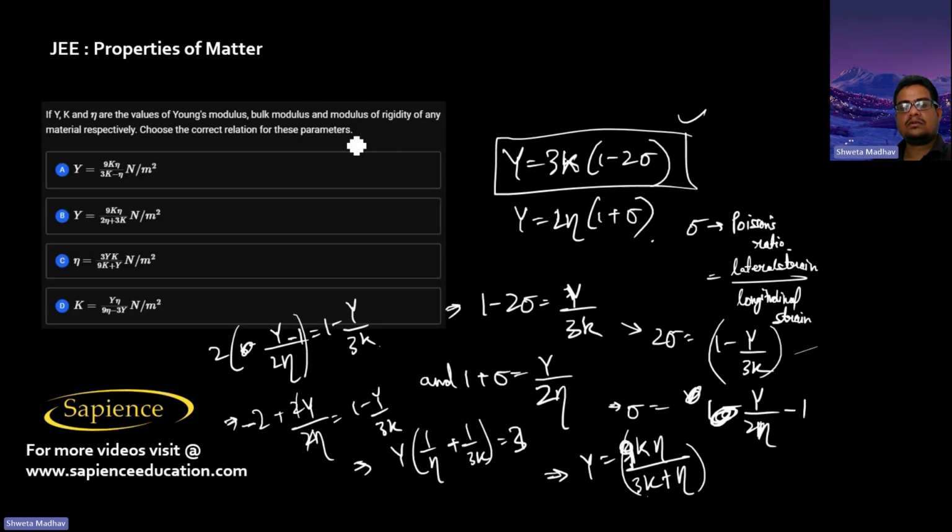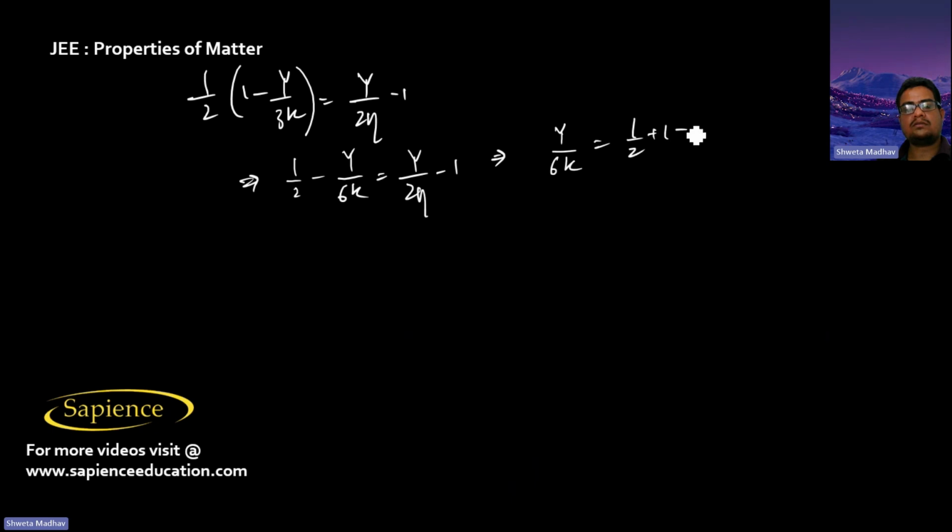From here I can say sigma is equal to 1 by 2 into 1 minus y by 3k. That is also equal to y by 2 eta minus 1. Therefore, 1 by 2 minus y by 6k is equal to y by 2 eta minus 1. Therefore, y by 6k is equal to half plus 1 minus y by 2 eta. So this should be 3 by 2.